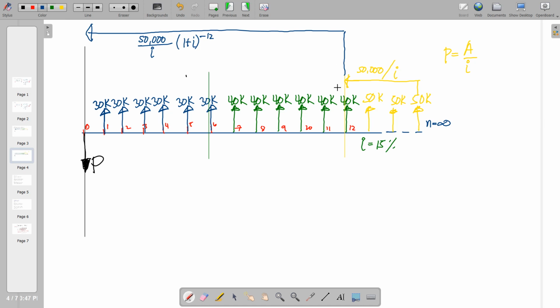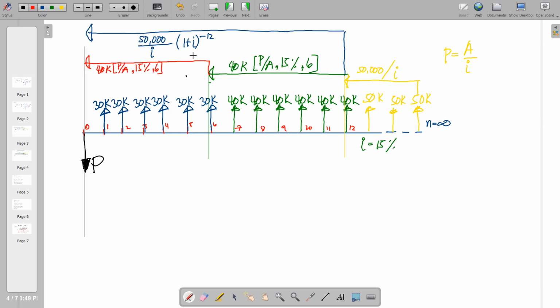So, we do the same to the 40,000 annual payments. See, ito yun. We have 40,000 times finding P given A at 15%, 6. And then again, ito will be brought to the present. We just copy this notation.